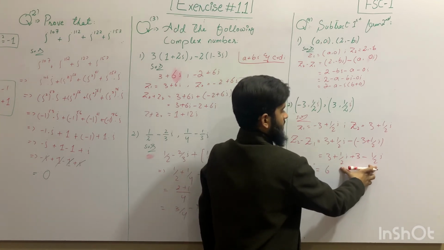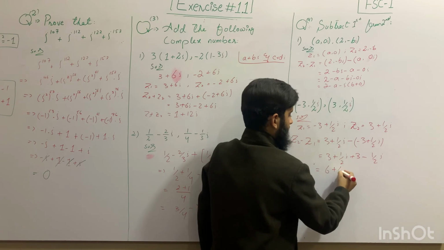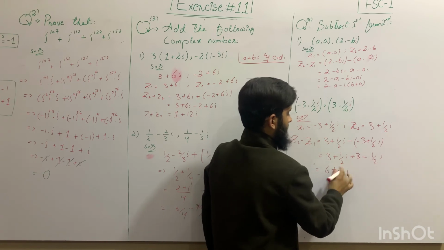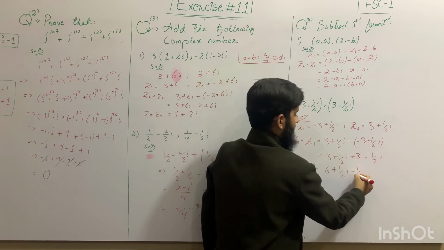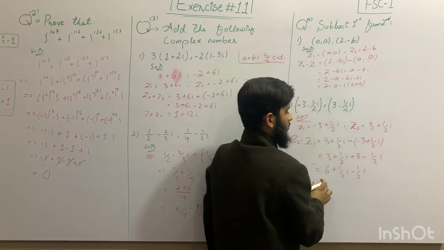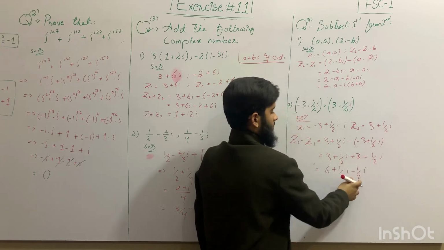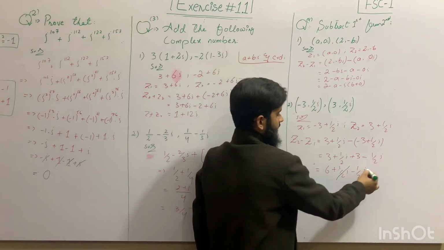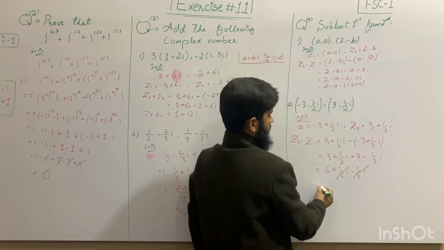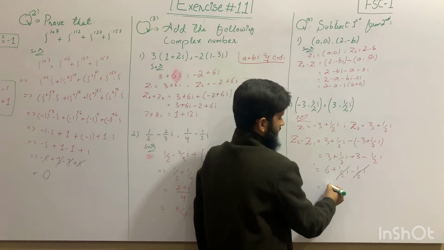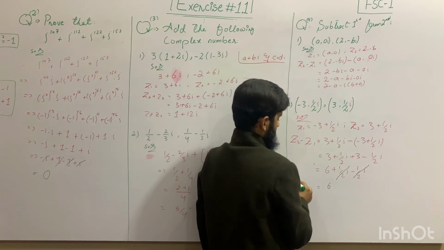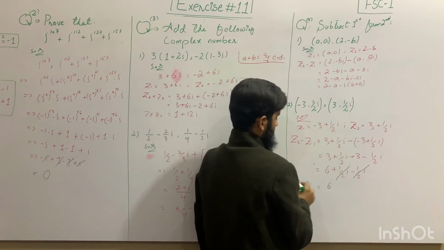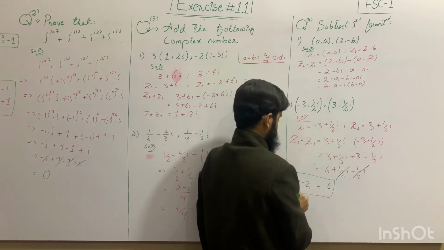Now combine these terms: plus half iota and minus half iota. As you can see, half iota cancels out with half iota. So this gives me 6, which is the answer. Z2 minus Z1, this is the answer.